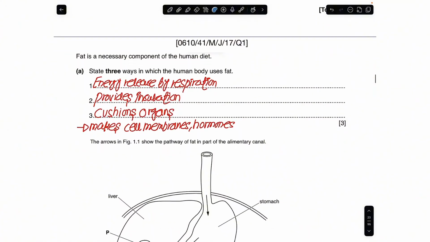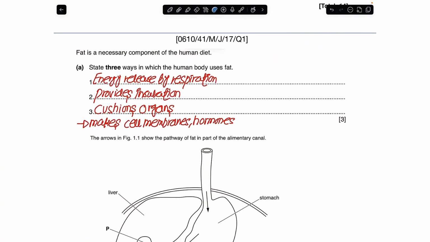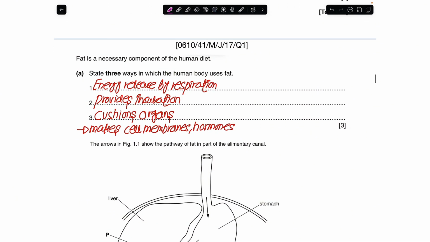Now we come to the year 2017, May June 2017. The theory paper variant was 4-1, and this appeared as question number one of your exam. This is from your concept of the enzymes involved in fat digestion, the absorption of the fat, and the role of the fats that we have in the body.